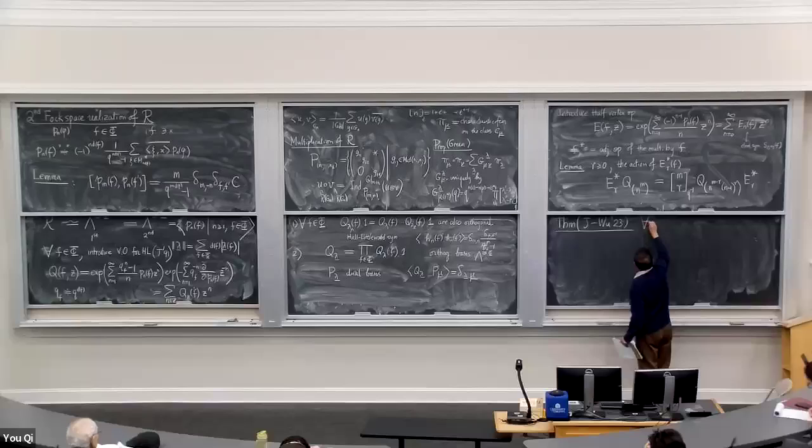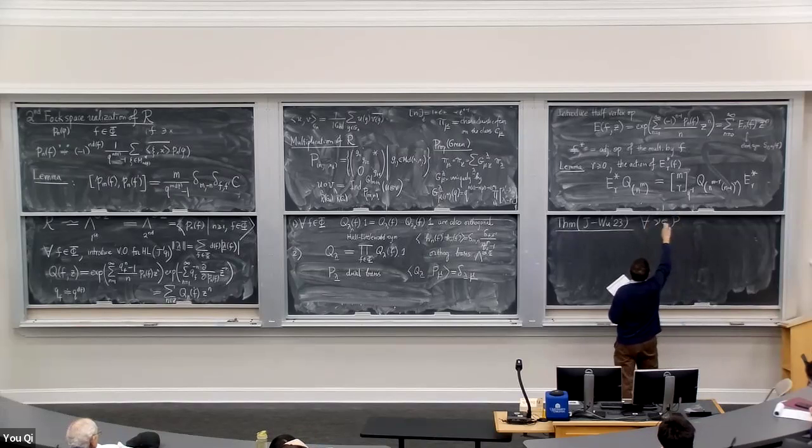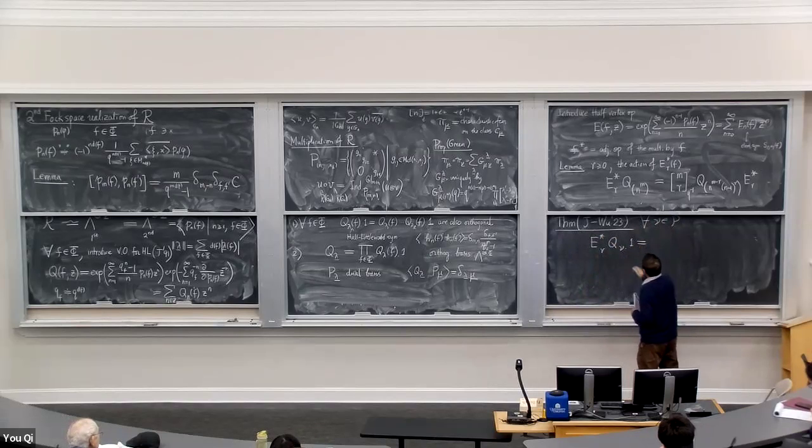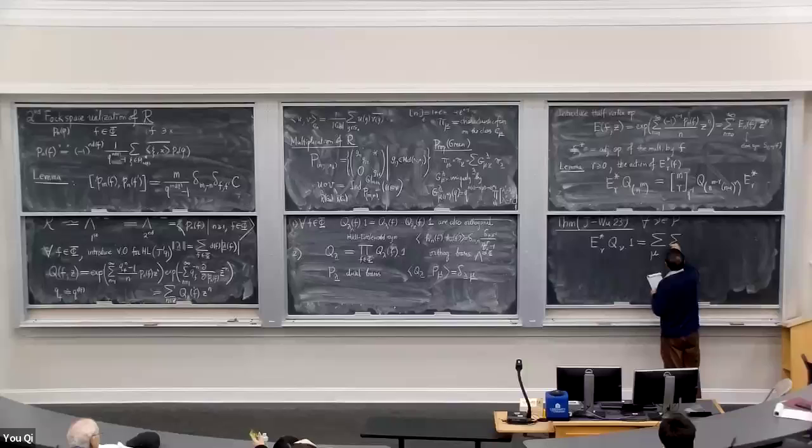For each partition, I'll just write a partition for simplicity; I did not even write the orbit. It turns out that this action, acting on a general Hall-Littlewood, this factor, and then this is exactly mu and I.